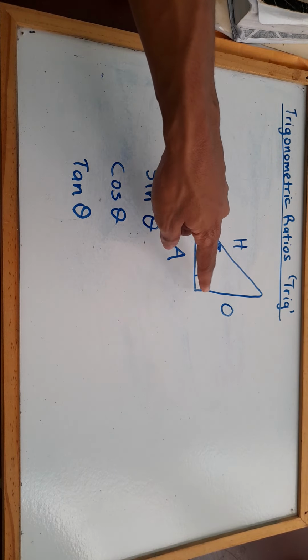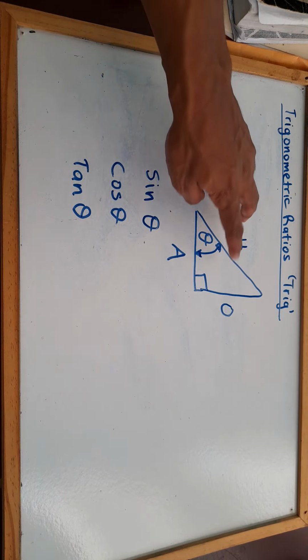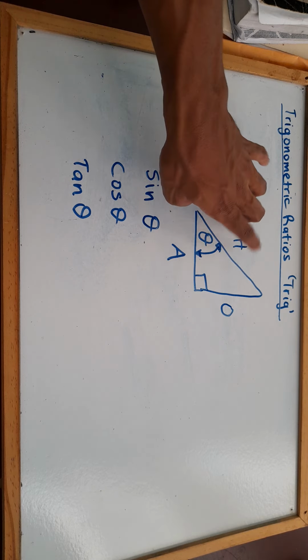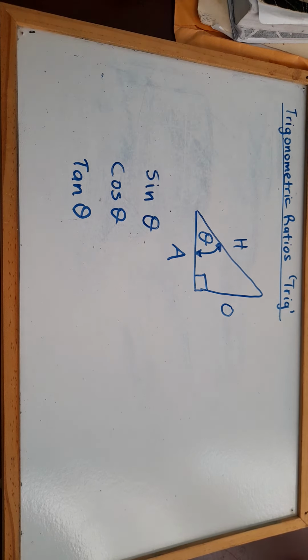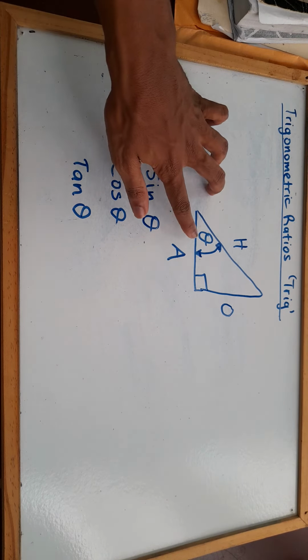We already went through that this symbol is the symbol of a right angle. It's the side opposite the right angle, and that remains the same because a right angle doesn't change position. But the opposite and adjacent sides are interchangeable depending on the angle given. Now in this case, we're given the angle theta.